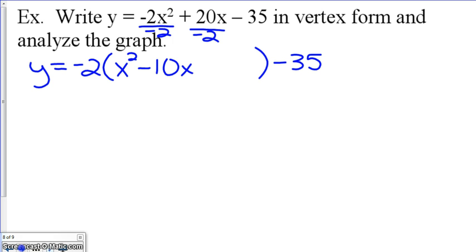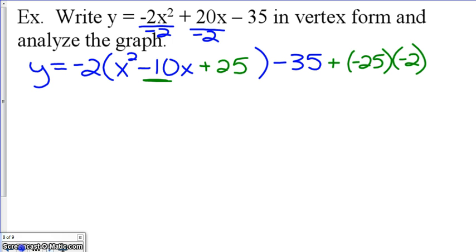So as we do that, we take half of -10, which is -5, and square it. So I'm adding 25 inside my parentheses. Now, I need to balance my equation. So instead of adding 25, you would think I would add -25. Well, I'm not just going to add -25. I'm going to add -25 times -2.